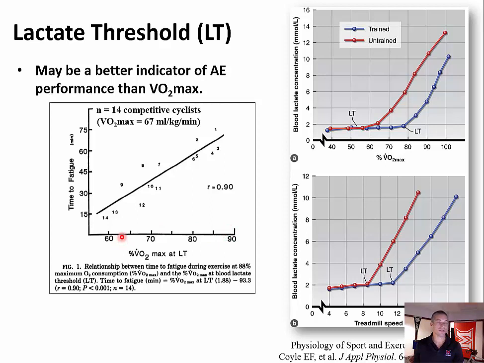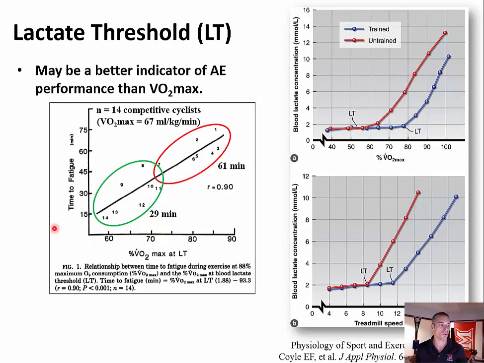So what they found, they really found two groups of cyclists here. They found this low lactate threshold group that performed on average 29 minutes of high intensity exercise with their average lactate threshold occurring around 65% of their VO2 max.